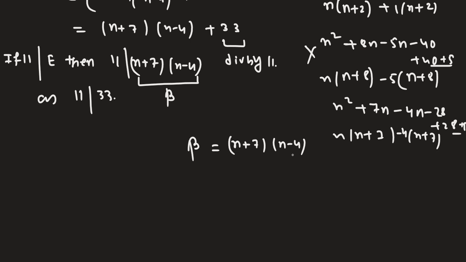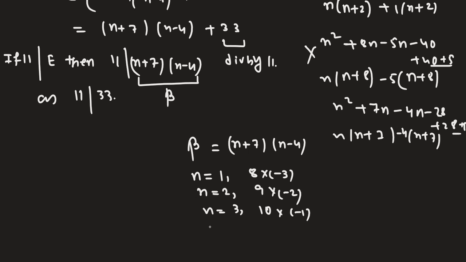So now if 11 divides this number, then 11 divides any one of the factors. Suppose I choose n equal to 1, so it is 8 and minus 3. If I take 2, it will be 7 plus 2 is 9, then 2 minus 4 is minus 2. If I take n equal to 3, it will be 10 and minus 1. If I take 4, this will be 11 into 0.